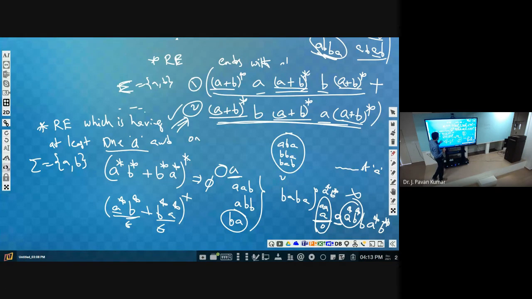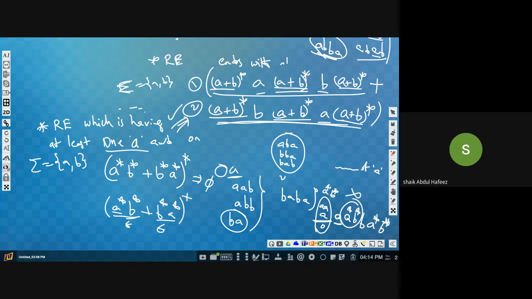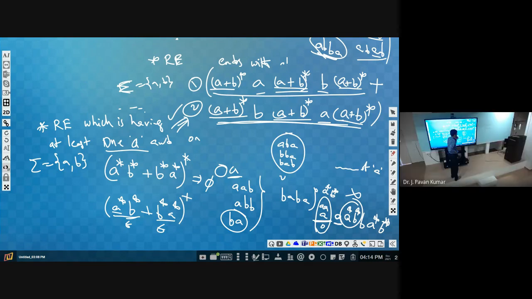Suppose the question is: regular expression for strings having at least one A followed by at least one B. Sir, could you repeat the question?